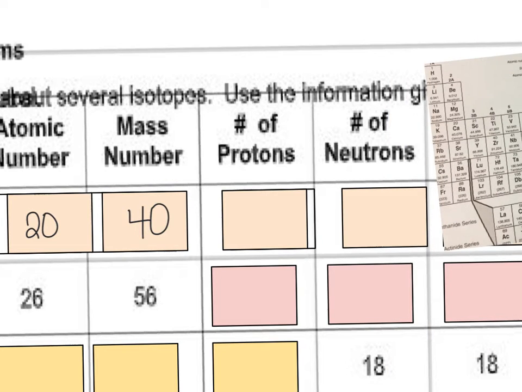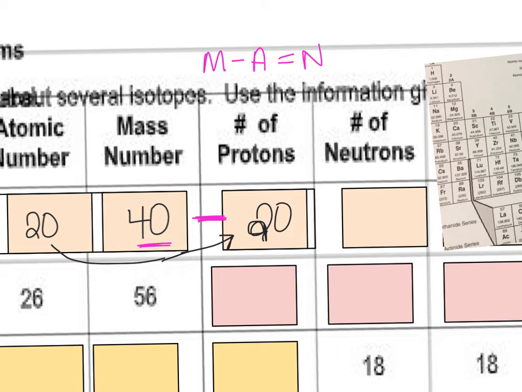All right. So number of protons, we're going to use the idea of our atomic number. So that is the first box that I'm approaching. Number of protons, I'm going to put 20. Okay. Number of neutrons, we're going to take our mass number. We're going to subtract our protons. So that's that part where we were doing mass minus atomic number equals neutrons, right?